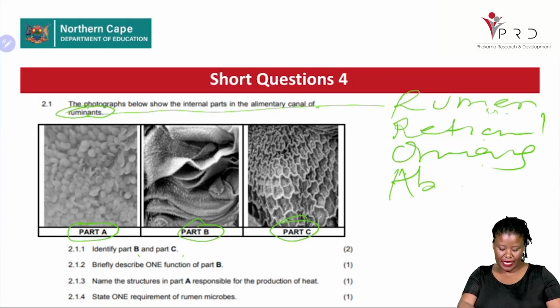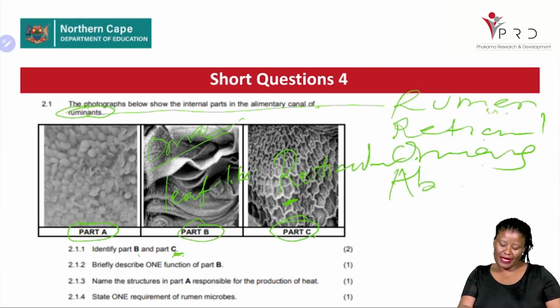Identify part B and part C. Part B, you can see that it is the omasum, and then part C, which is a honeycomb structure. Normally the omasum we refer to as the leaf-like stomach. And part C is the reticulum.